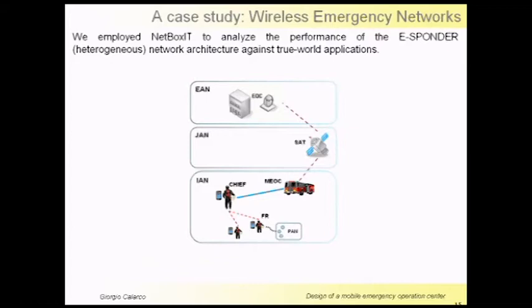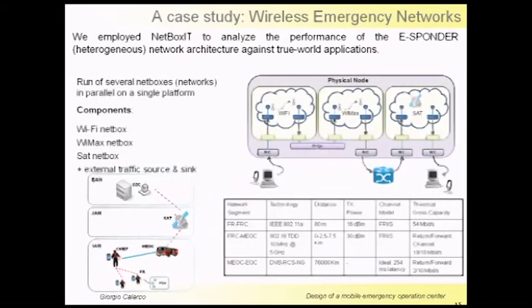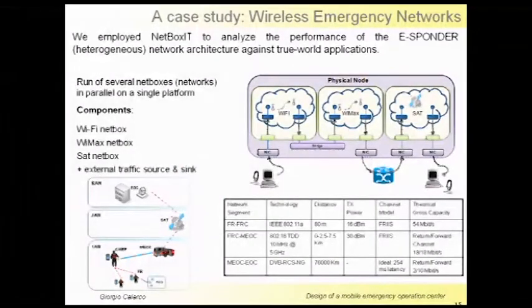And this real-world scenario is translated in our platform in terms of netboxes. We have a first netbox with a Wi-Fi emulator, then a WiMAX emulator, and then a satellite emulator.